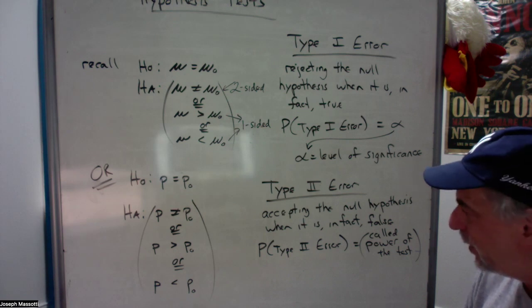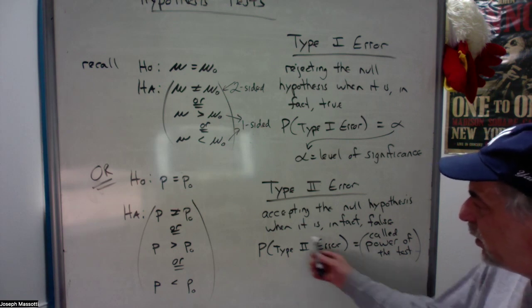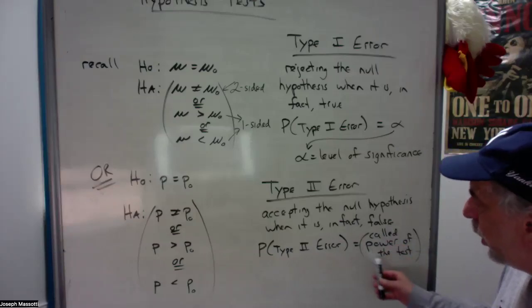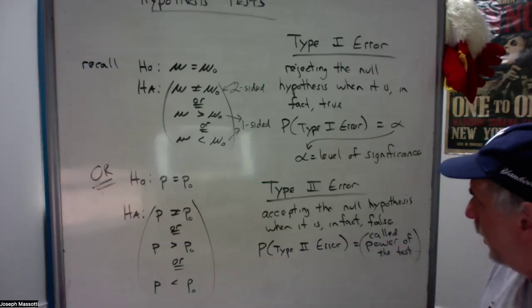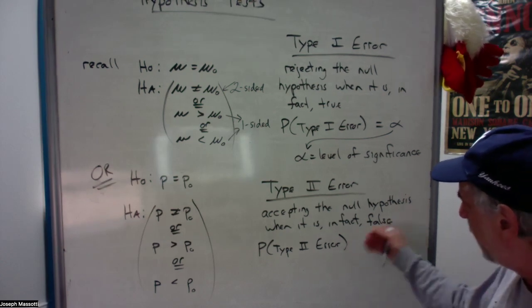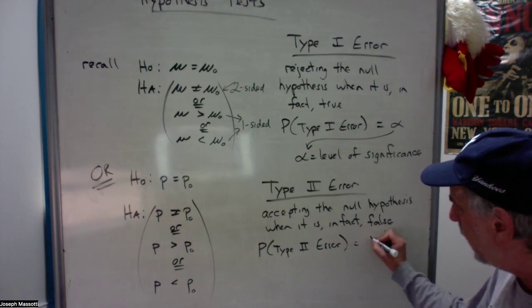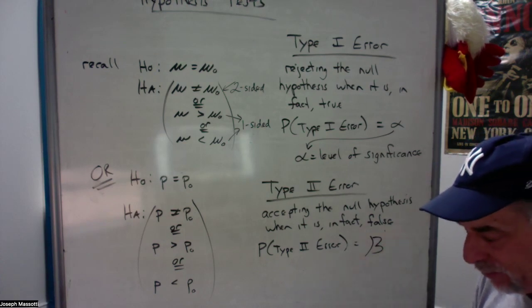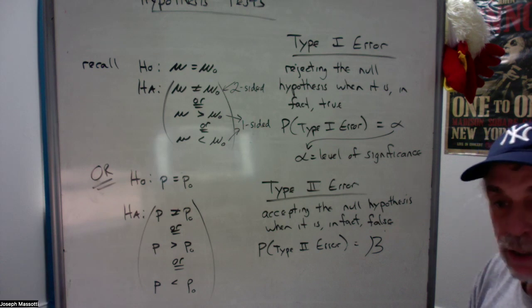It's a kind of complex calculation, but the probability of a type 2 error is sometimes called the power of the test. Or actually, sometimes in books, it's labeled as a capital beta, the Greek letter beta.